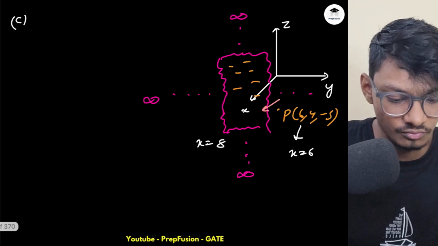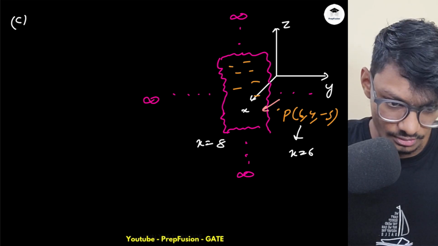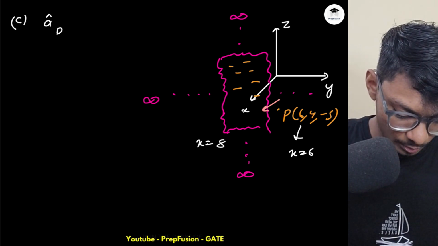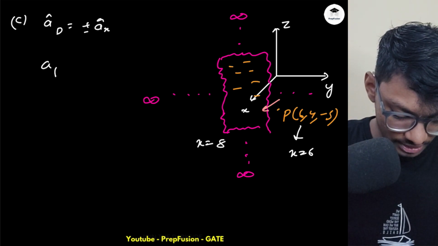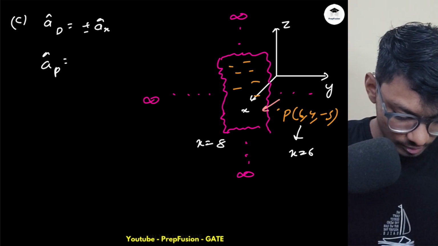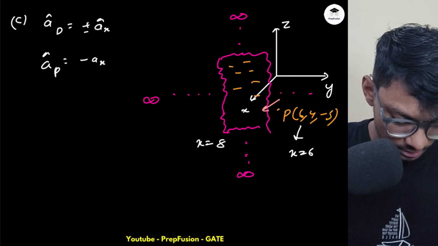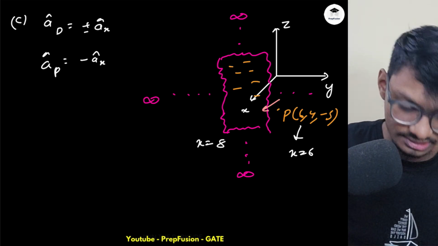X equals to 8 means the YZ plane, so the direction of my electric flux density will be plus minus AX cap, but at point P the direction will be only minus because I am more towards the origin.